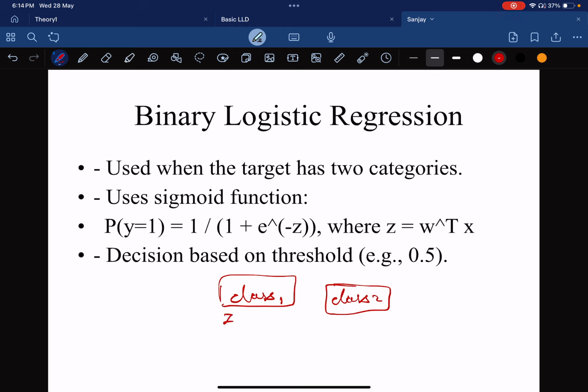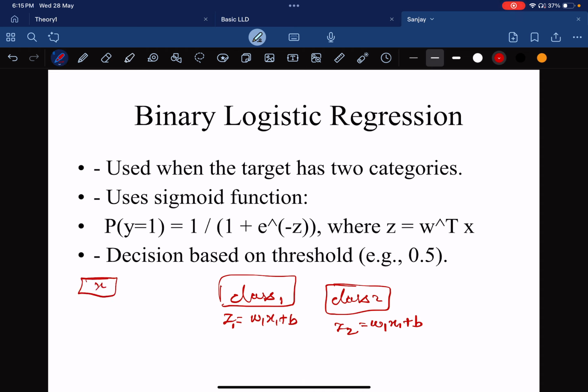For example, z1 equal to w1 x1 plus b. For simplicity, I take just one input. This is class 1, and this is class 2, z2 equal to w1 x1 plus b.